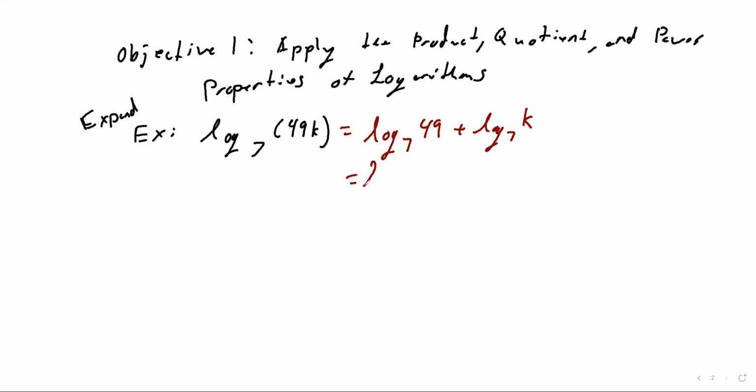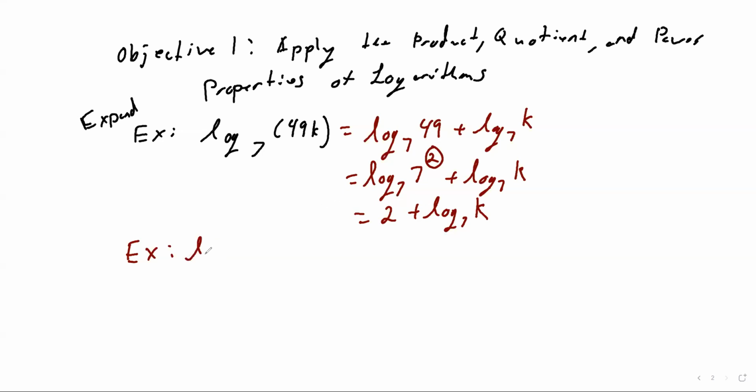So therefore, I can rewrite this as log base 7 of 7 squared plus log base 7 of k. And from our previous video, if this base and this base is the same, then that is your answer. So I get 2 plus log base 7 of k. And that's how you would write that out. Let's look at another example.